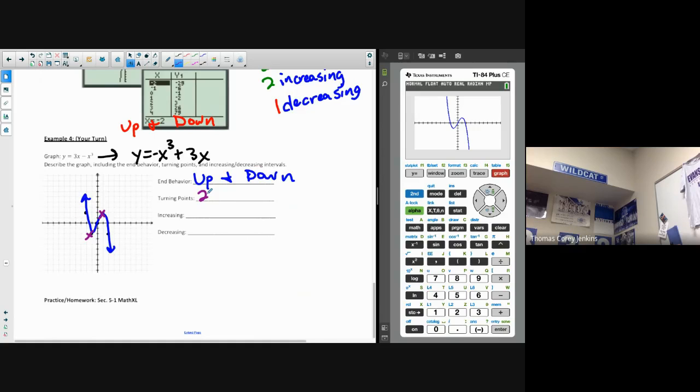That makes sense because the last one had 2 as well, right? If it's third degree, it's going to have 2 turning points and a total of 3 different intervals. So how many increasing intervals do we have? Increasing is as we move from left to right, the function increases, y gets bigger. So it only increases from there to there. So we have 1 increasing interval.